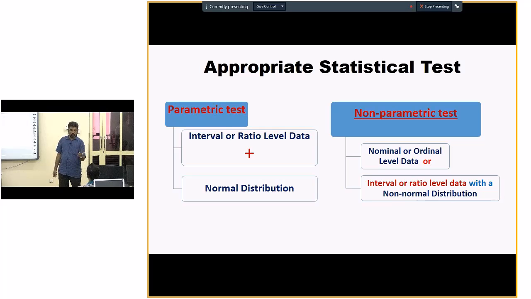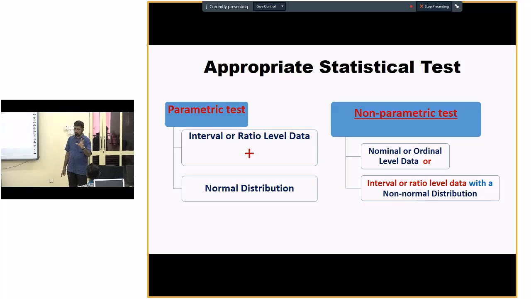Macroeconomic variables may be interest rate, inflation, GDP or something, on stock return, stock prices, or market prices. All are quantitative, but you have to test the normality.